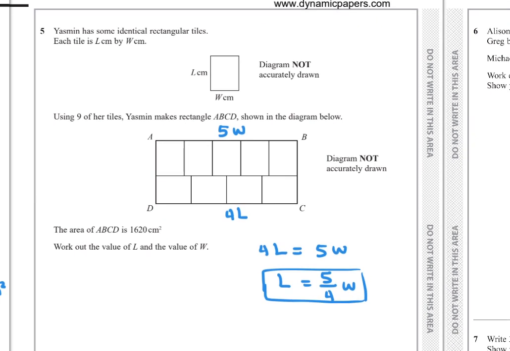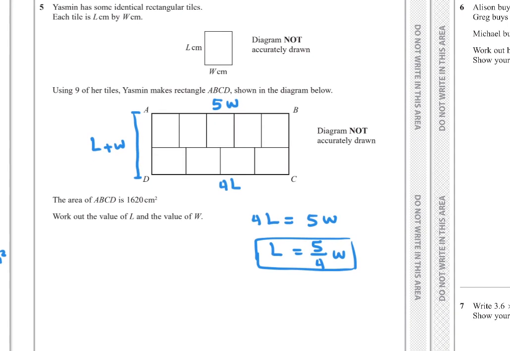Now the second equation, the area, base times height, equals 1620. So the height, this L and this W, so the height is L plus W. Now to find the area, multiply the base times the height. So multiply 5W times (L plus W).